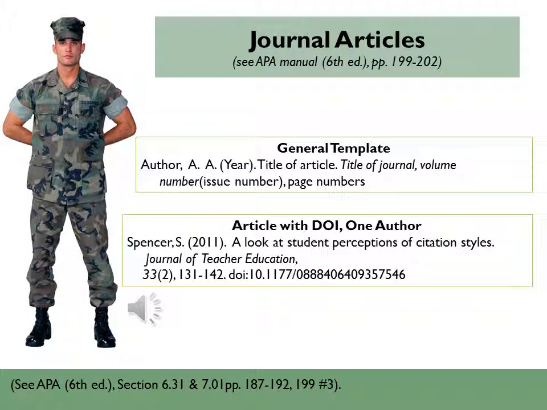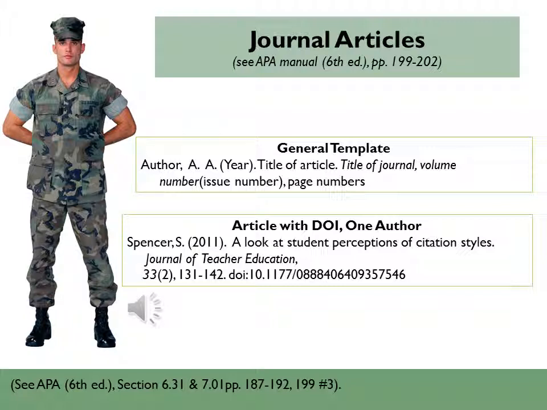You will then follow up with the page numbers, and then in this case there exists a DOI, or a digital object identifier number. I had mentioned this in an earlier slide, and what it actually is, it's a number assigned by the publisher of this journal when an article is published electronically. Oftentimes you'll come across the DOI whenever you're doing a search in a research database. It's very common to find the DOI.